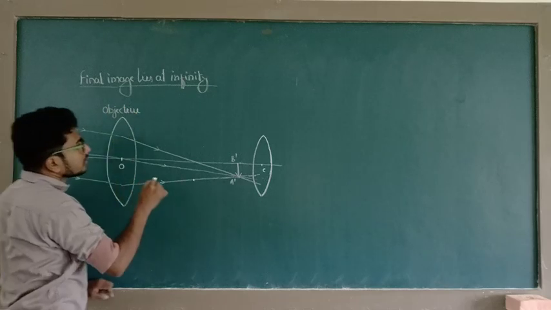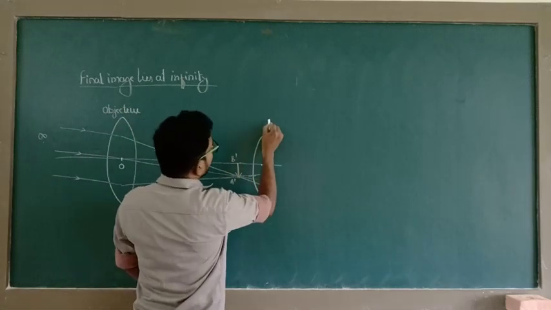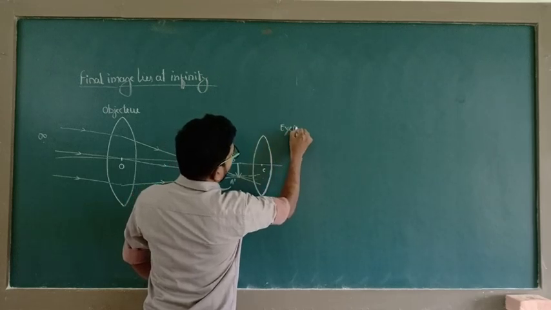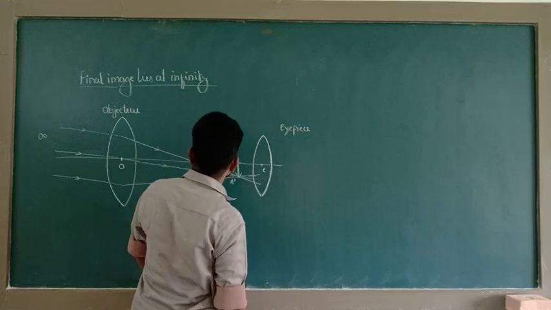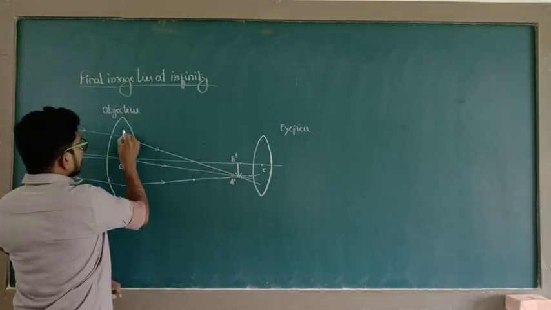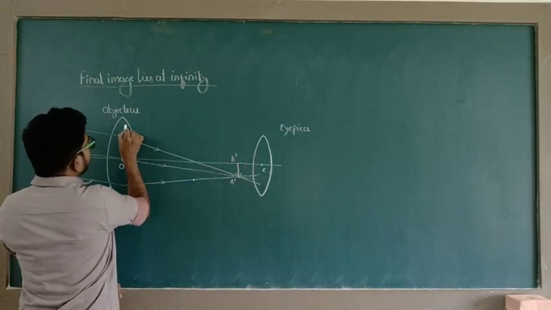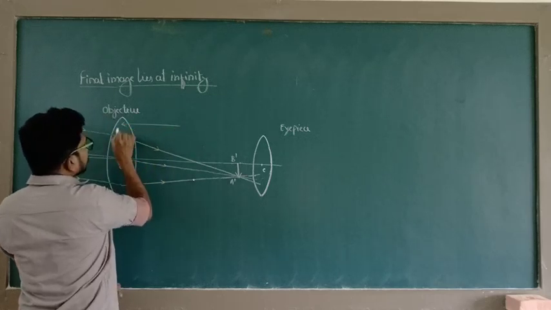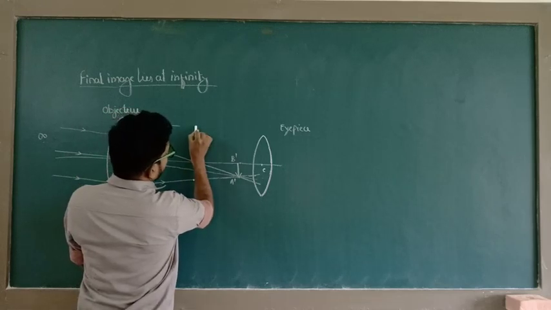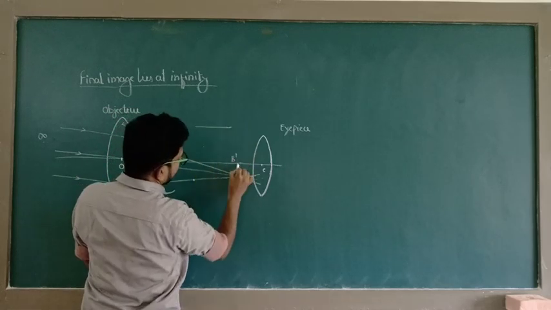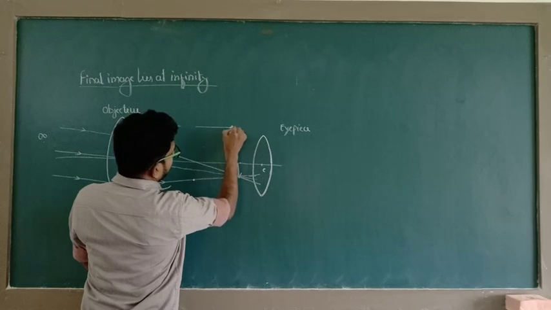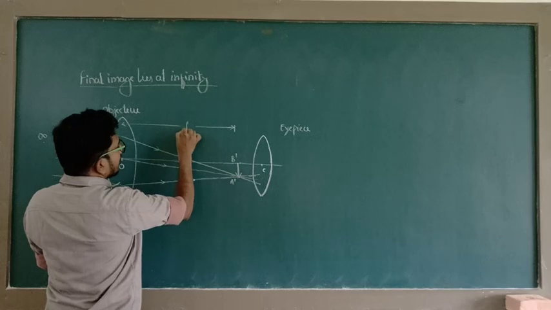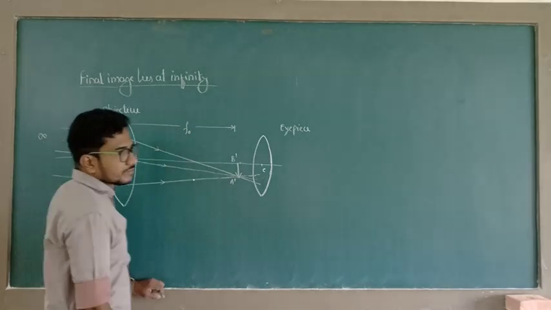Objective lens, eyepiece. The distance between the optical center of the objective and the position of the image, this distance is nothing but the image distance or focal length of the objective.